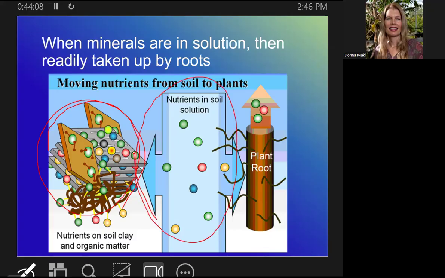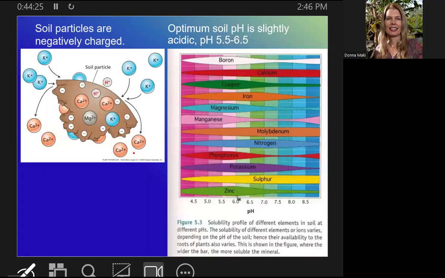Once that happens, then the plant has access and can take up those minerals. But if they're attached to the soil particle, or if they're precipitated out of the soil water solution, the plant has a very hard time, if not an impossible time, of getting access to those minerals.